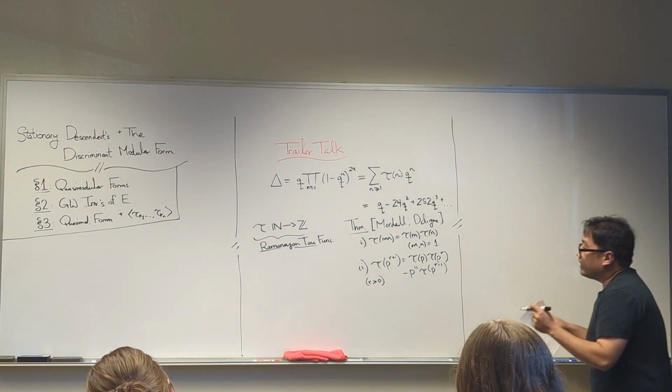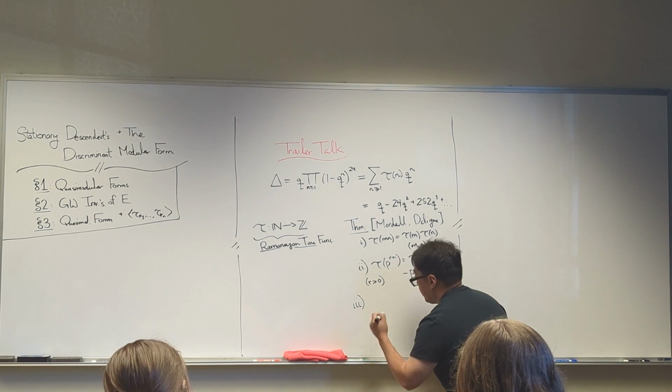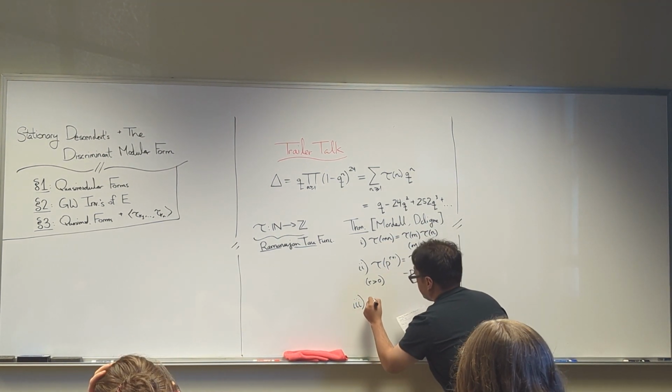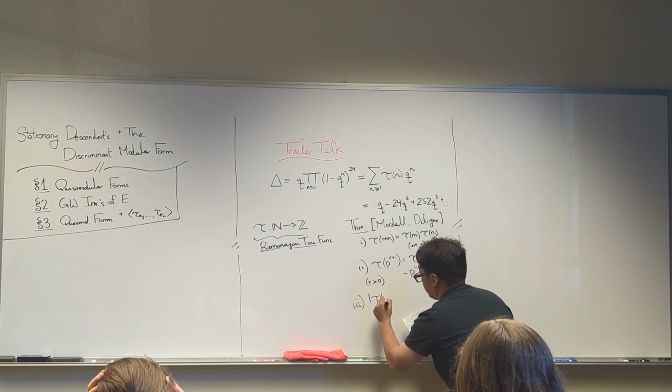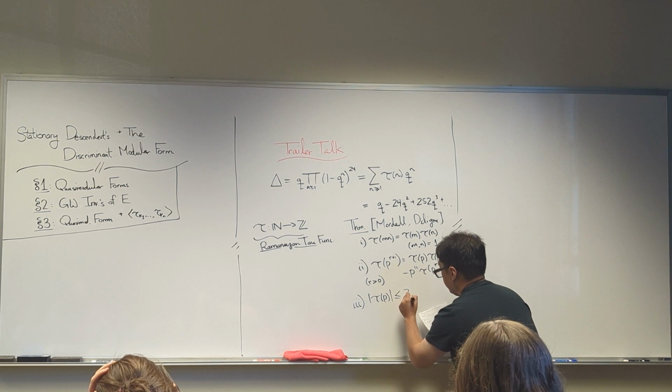Finally, there's a conjecture that goes all the way back to Ramanujan, which Deligne proved: if p is prime, then the absolute value of tau of p is bounded above quadratically in p.